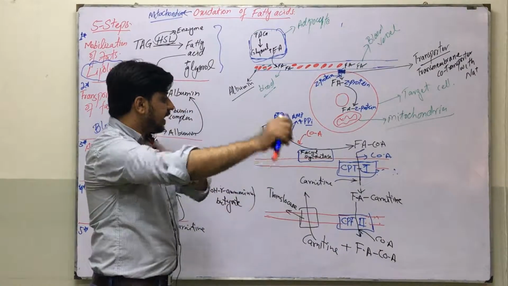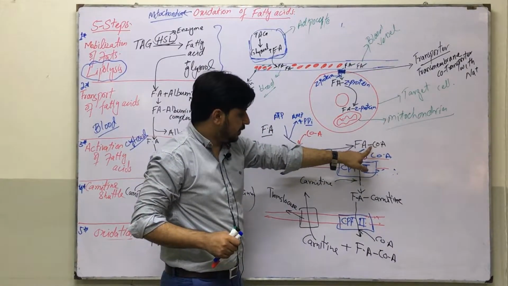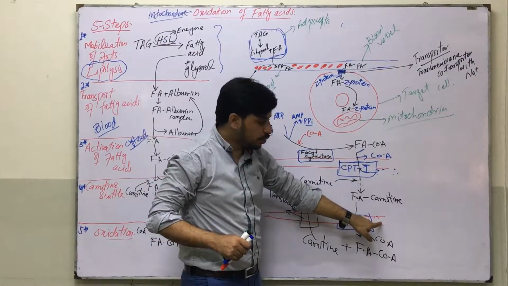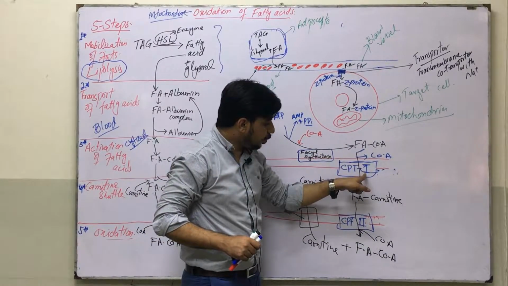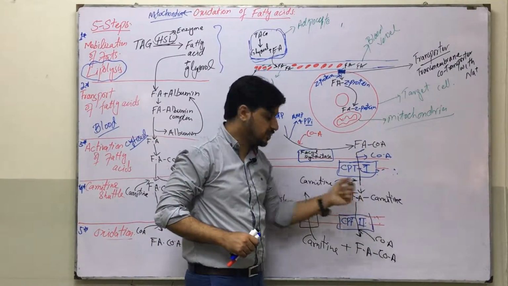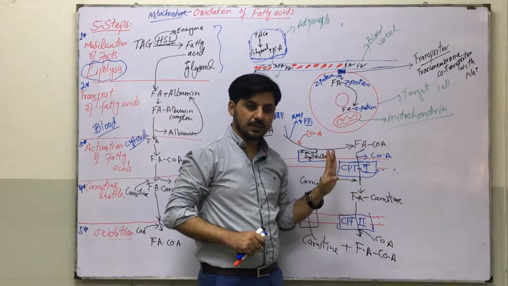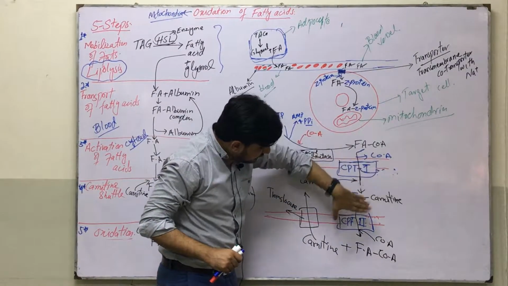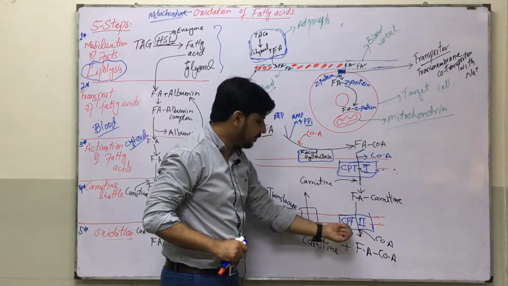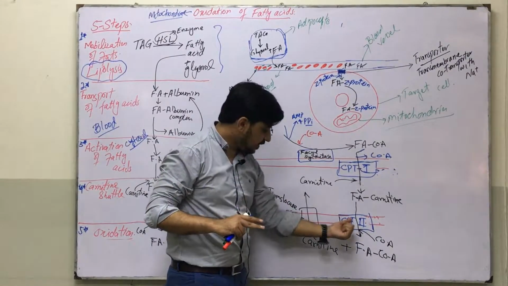So listen to me very carefully once again, first of all there will be the activation of fatty acid to fatty acyl CoA, then this fatty acyl CoA cannot cross the inner mitochondrial membrane. So with the help of CPT1, fatty acyl CoA is converted into fatty acyl carnitine, in which carnitine is added to the fatty acyl portion and CoA is removed. Second, this fatty acyl carnitine will get entry into the matrix with the help of two enzymes, CPT2 and translocase.